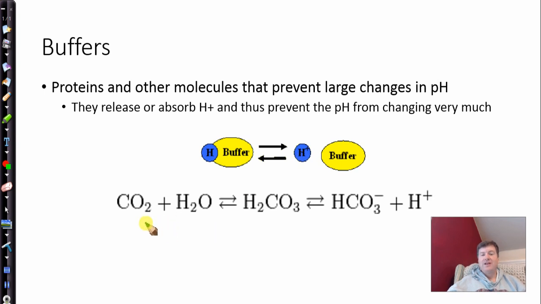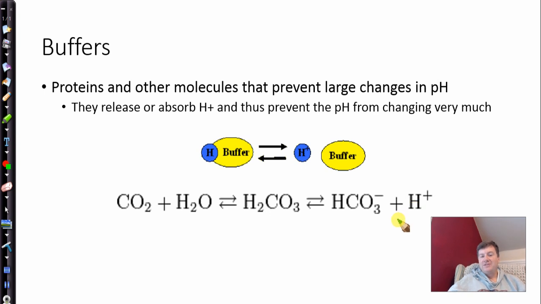This is one of the more famous examples. This is the carbonic acid bicarbonate buffer system, which regulates the pH of blood. Here you see CO2 and water. This double arrow means it's a reversible reaction. This is carbonic acid. This is the bicarbonate ion, and of course we recognize our hydrogen ion here. If the body was, for example, through some mechanism becoming more acidic, then more hydrogen ions would bind to the bicarbonate ion and form carbonic acid, and therefore take hydrogen ions out of solution.